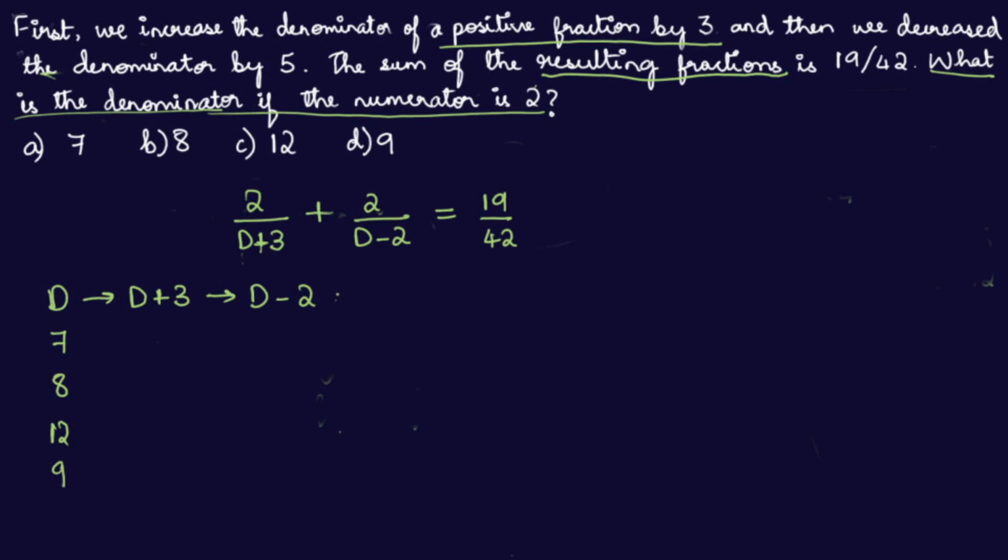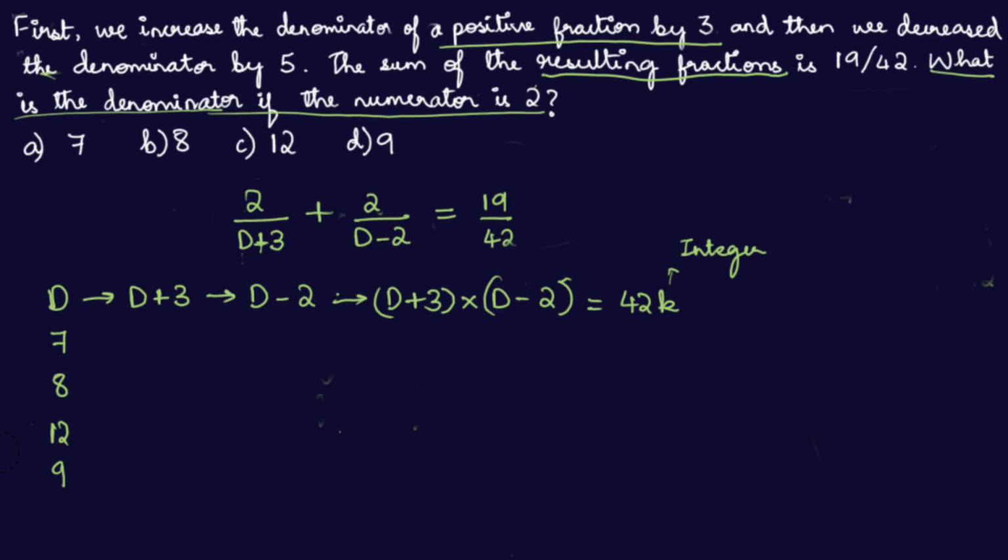For the denominator of the sum, we need to check the product of d plus 3 and d minus 2. And if that product is a multiple of 42, of the form 42k where k is an integer, then that denominator is our answer. It could be 7, 8, 12, or 9. Yeah, that's our 4 options.